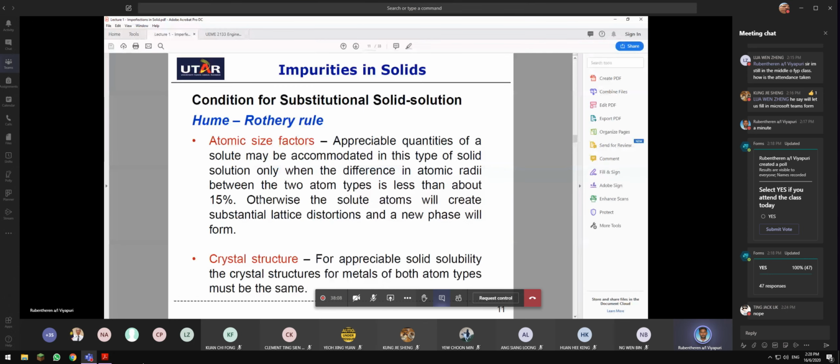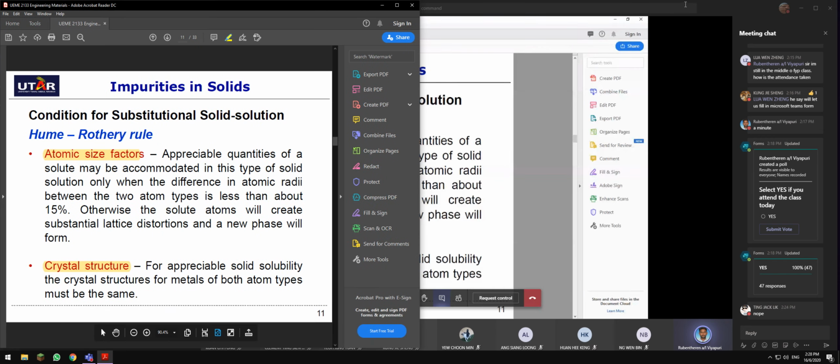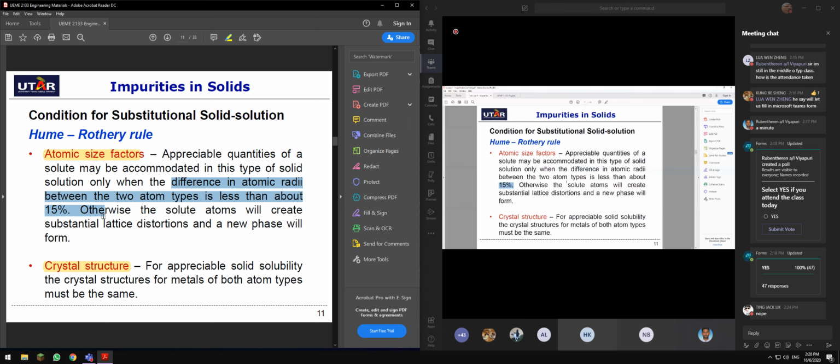Now, for atomic size factor, the size between 2 different types of material must be less than 15%. Highlight this. Okay, you can read this. For atomic size factor, the size must be within 15%.